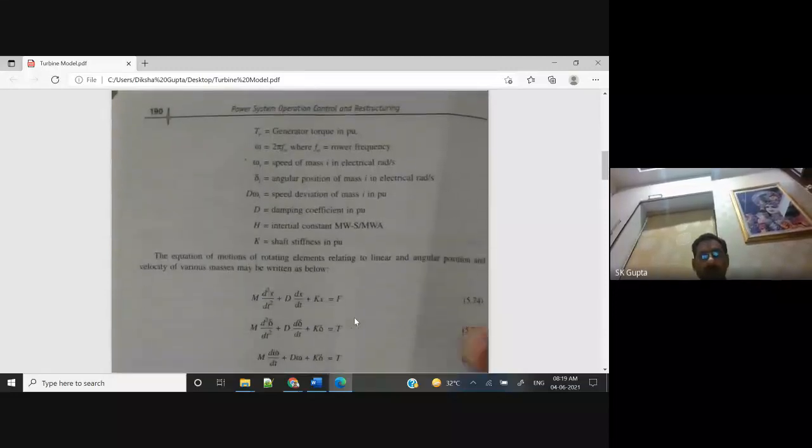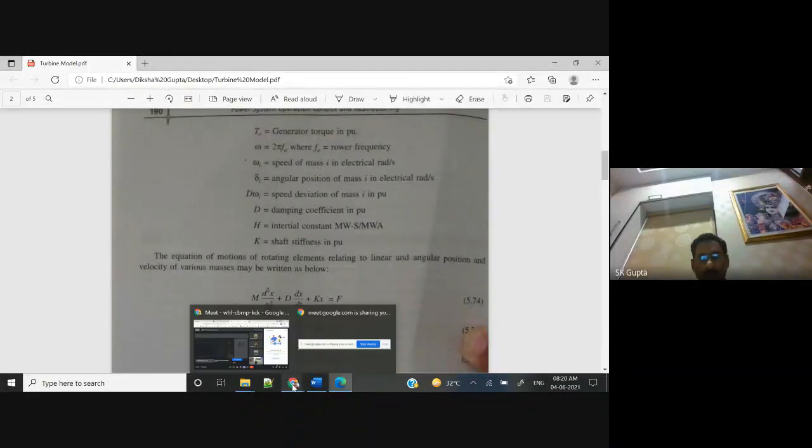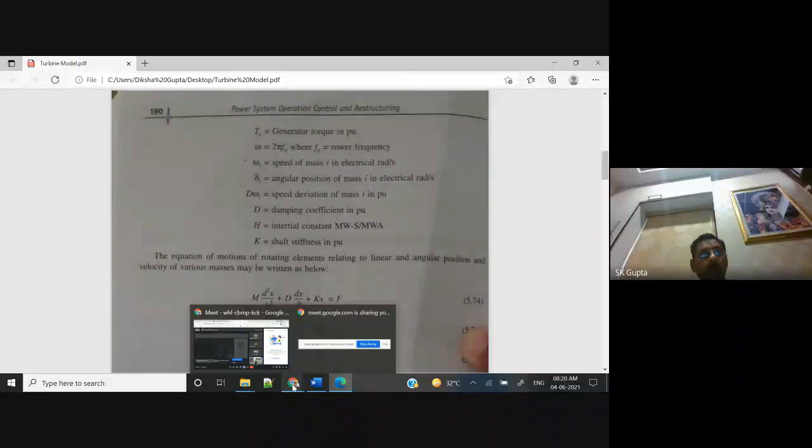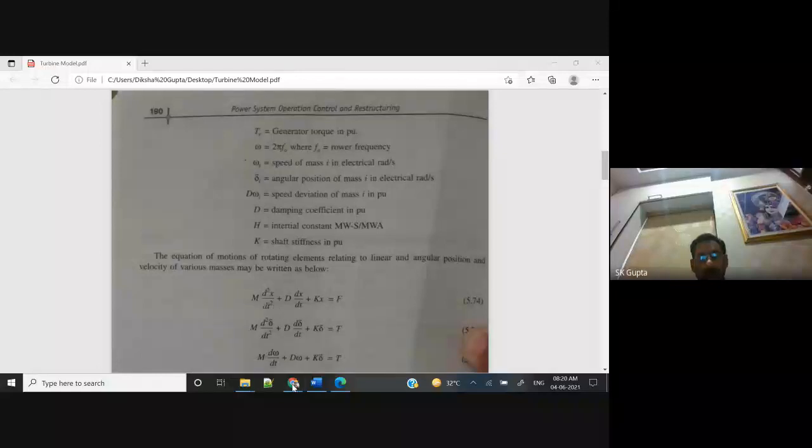Now, just to understand that, suppose there is a spring here and a weight is connected to it.